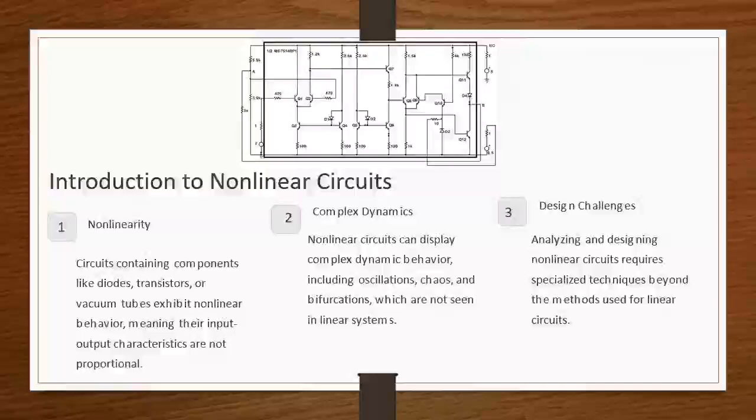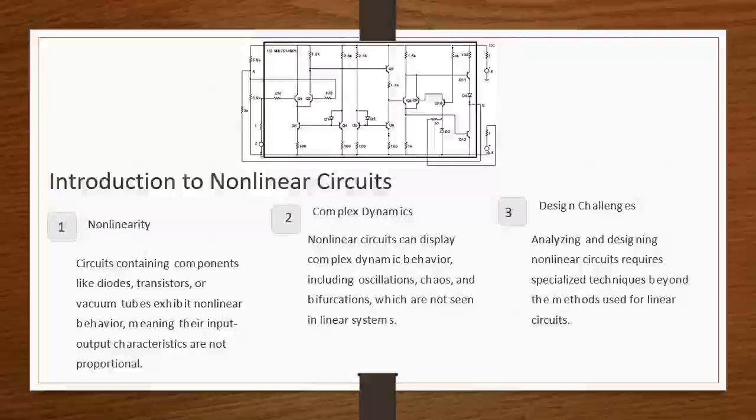Now, introduction to nonlinear circuits. Let us know about nonlinearity. First, what is nonlinearity? Circuits containing components like diodes, transistors, or vacuum tubes exhibit nonlinear behavior, meaning their input-output characteristics are not proportional.